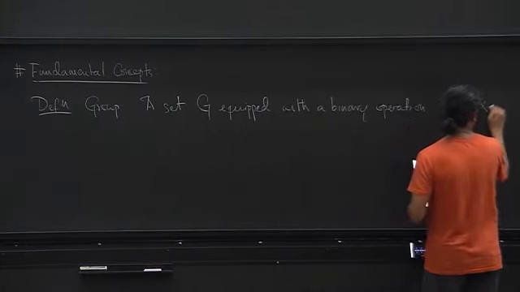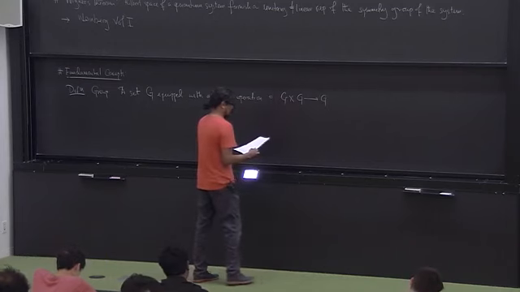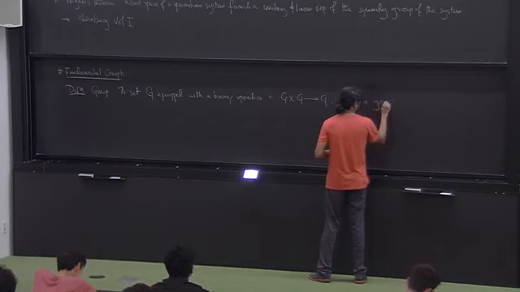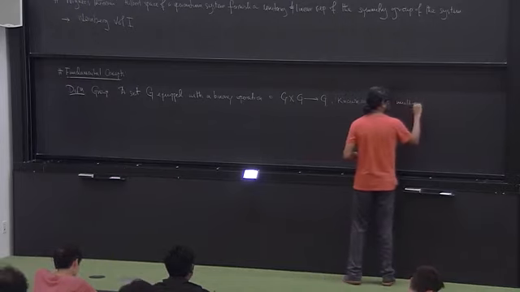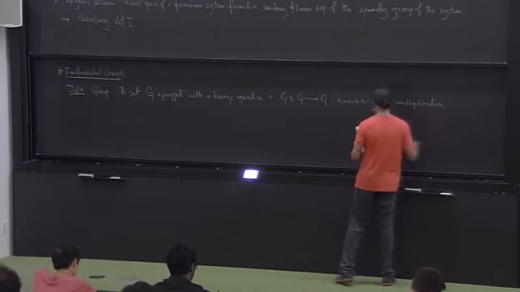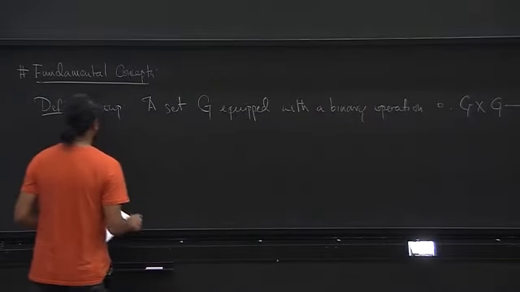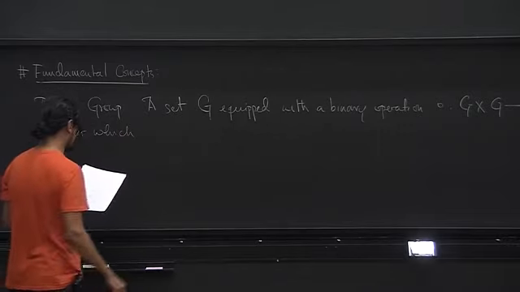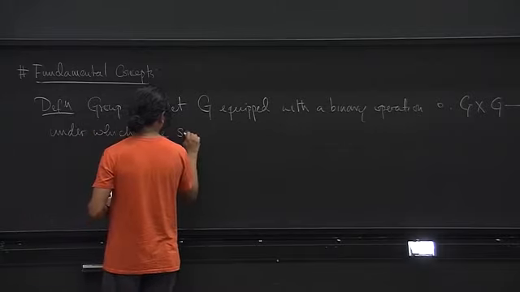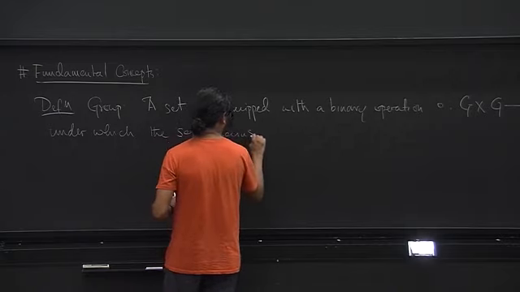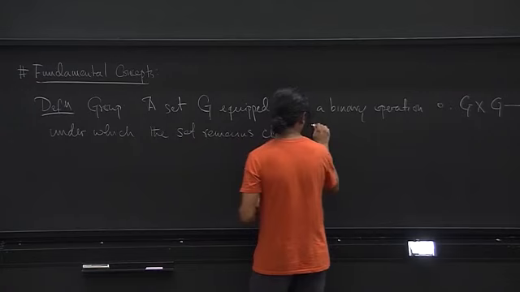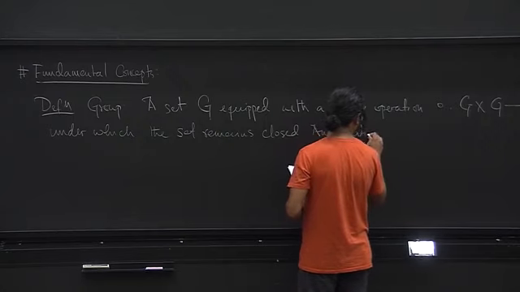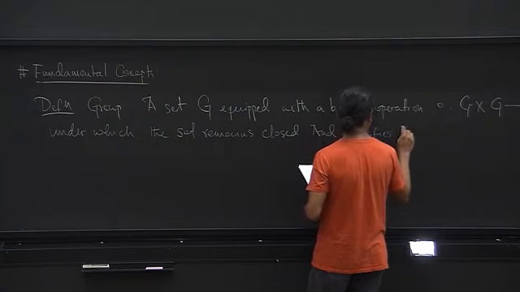This binary operation is known as the group multiplication, or just multiplication for short, under which, as the notation implies, the set remains closed. And it must satisfy the following.